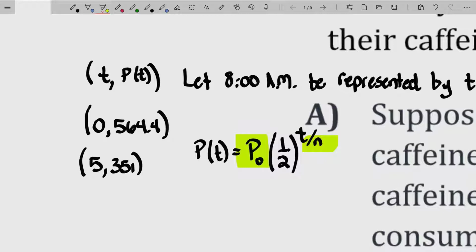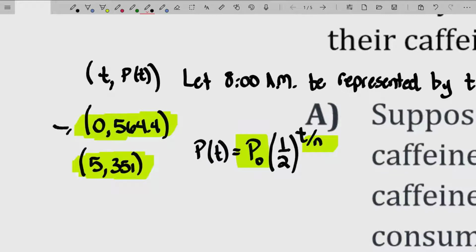They're allowed to remain variables. But the constants P naught and n, those we need to find. So how do you do that? Well, if there are 2 unknowns, it's really helpful that we have 2 points, or 2 conditions, is what we'd call that in mathematics. So let's go ahead and substitute in one of those conditions.